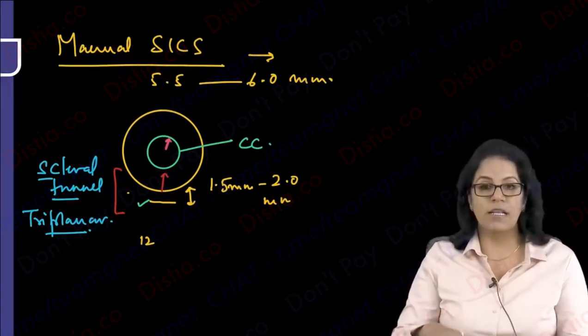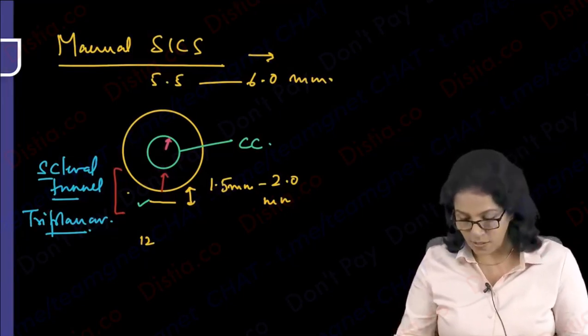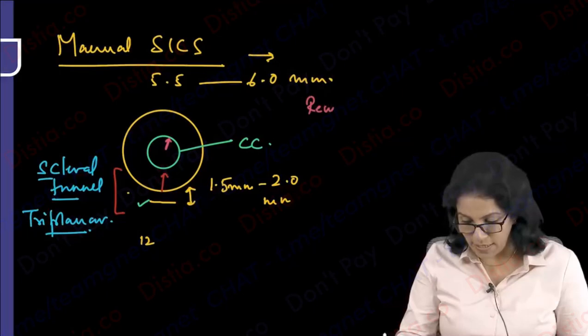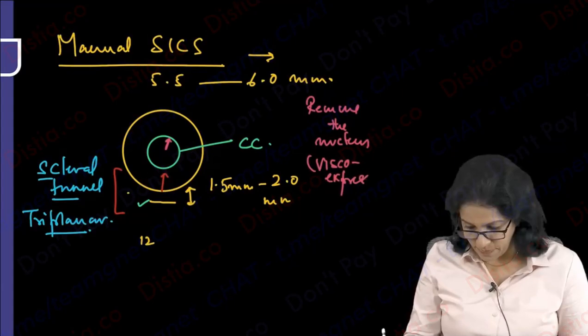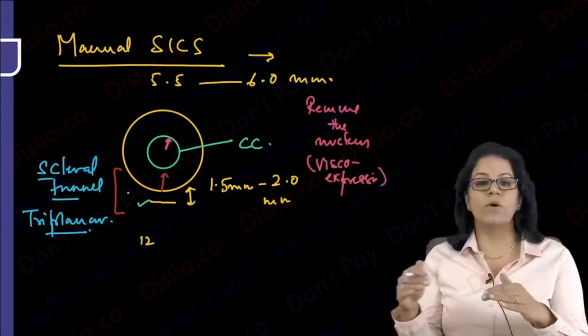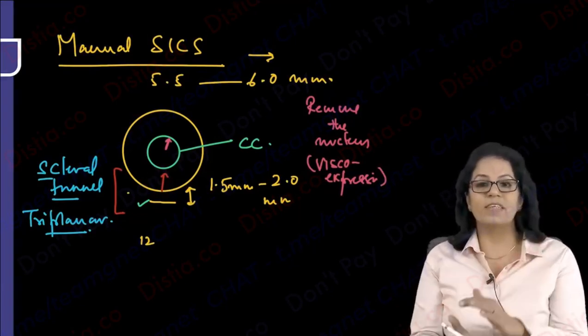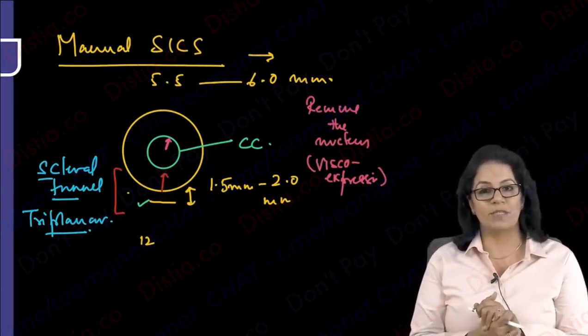Press on the posterior lip, and through the viscoelastic, we take out the harder part, that is the nucleus. The nucleus is commonly removed by visco expression. Viscoelastic is also very helpful: it coats the corneal endothelium and forms the anterior chamber, protecting the corneal endothelium from mechanical damage.